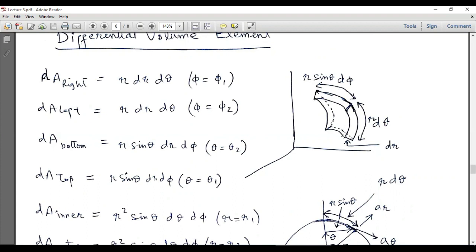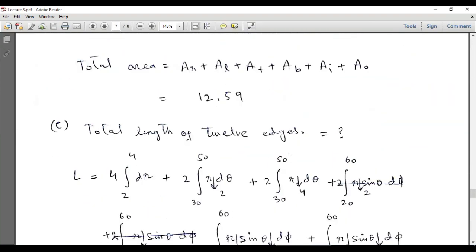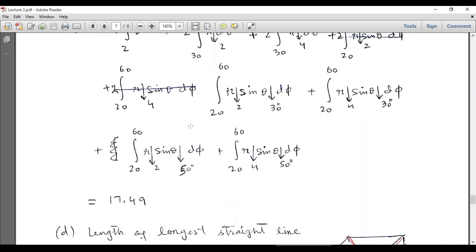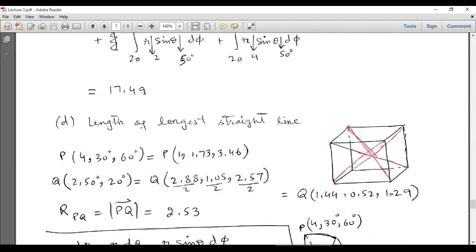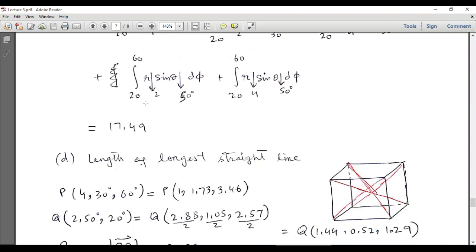And now for this, r is equal to 2 and theta is equal to 50 degrees. And for this edge, r is equal to 4 and theta is equal to 50 degrees. So all these four edges along the phi axis have to be calculated individually. So that's what I have done over here, and the total length is equal to 17.49.